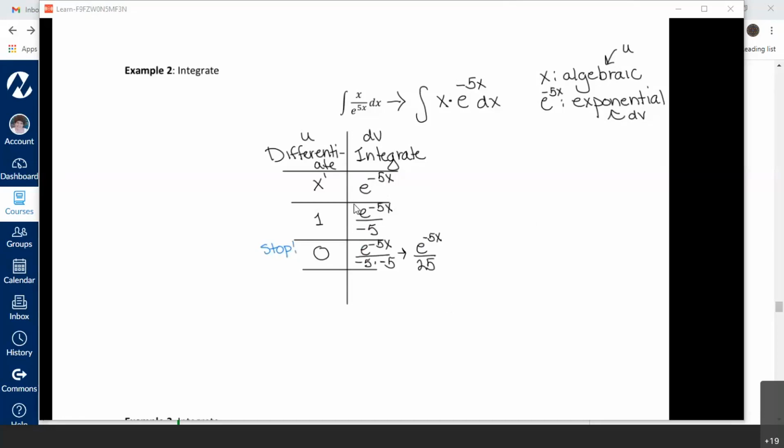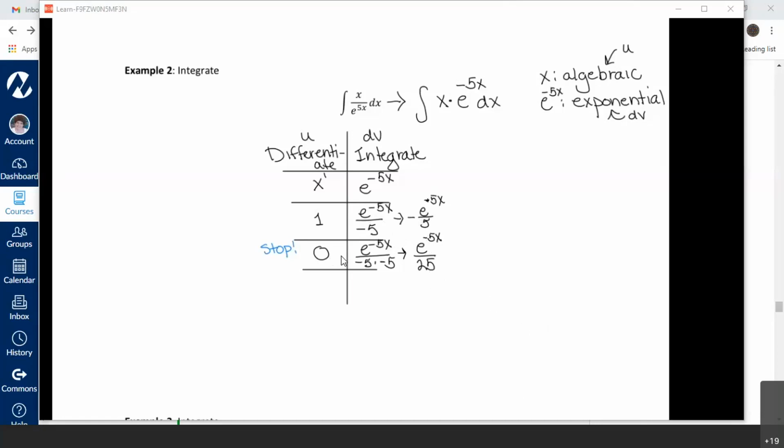Notice this is a negative 5, so this whole fraction's negative. So the signs are flipping. If it disturbs you to pull the negative sign out in front of the fraction, leave it in the denominator, but that's going to affect things when you make the products.